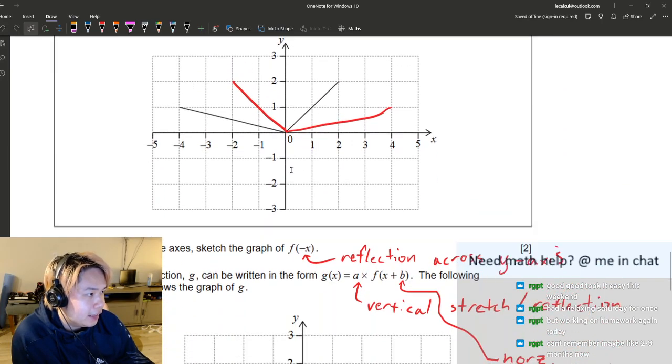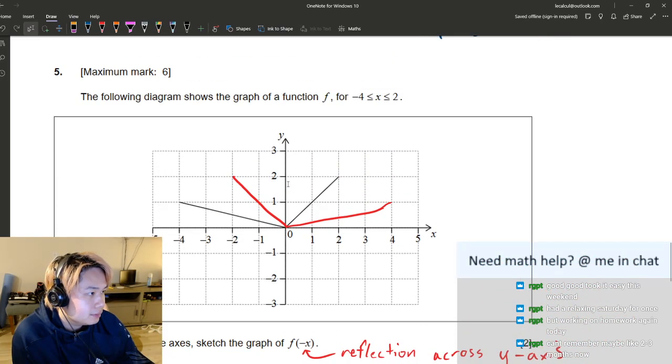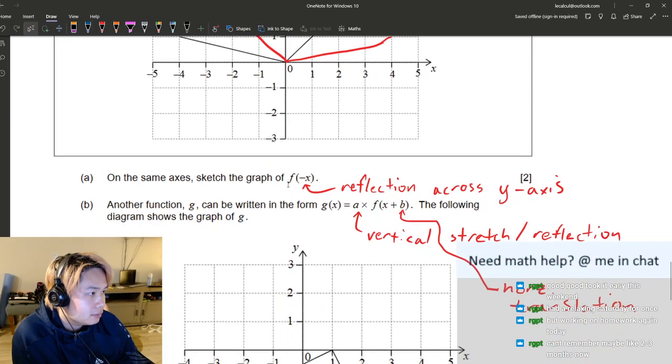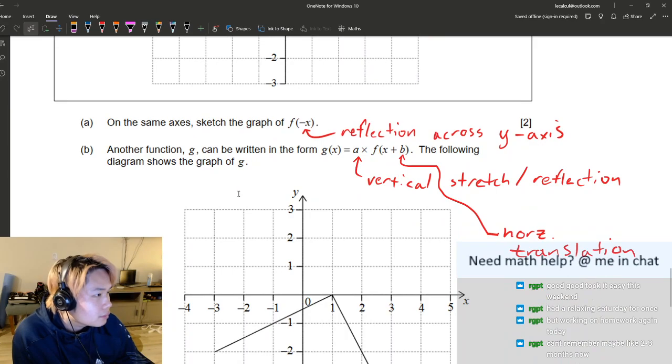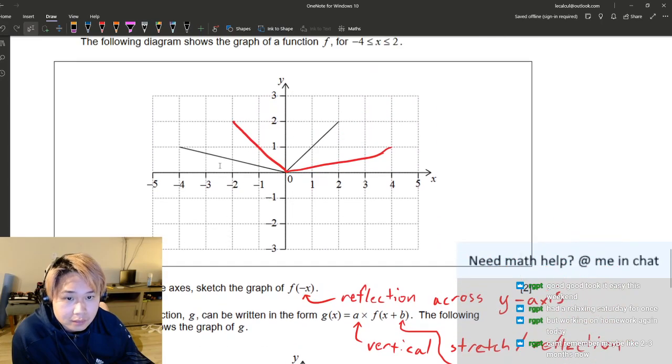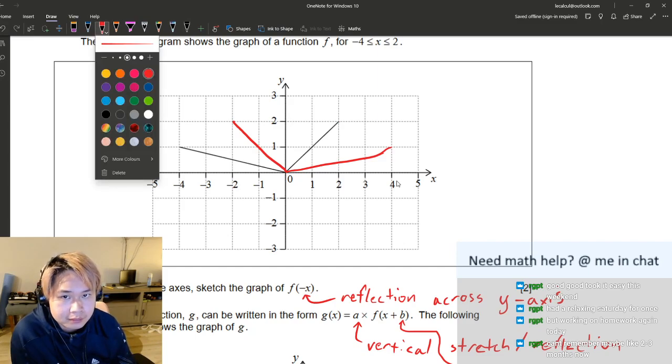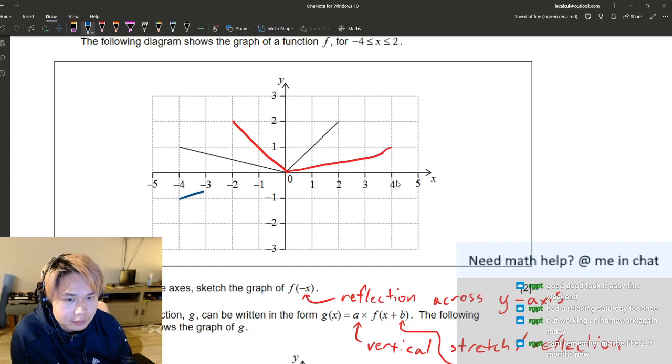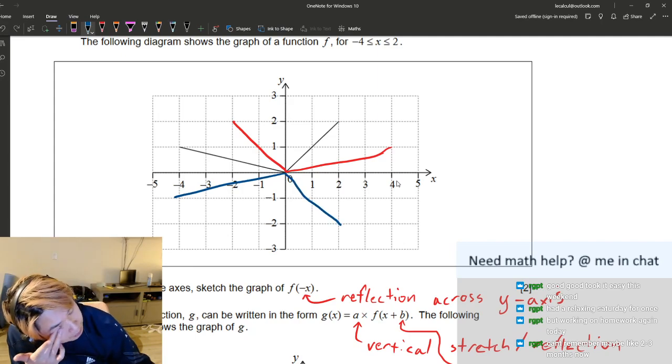So if you look at it, right here, right, this gets flipped upside down, and then it should look like it should look like this.